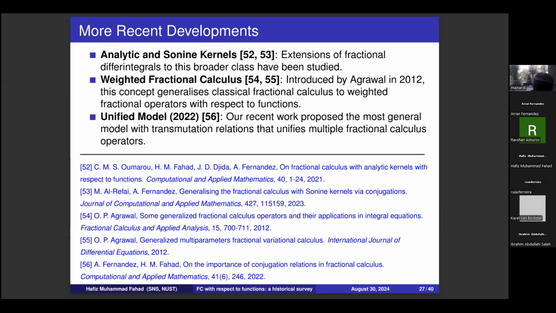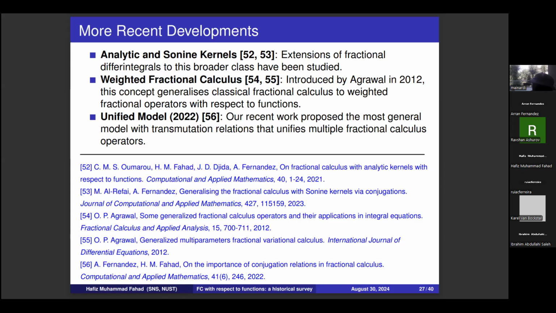Now, turning our attention to more recent developments in fractional calculus, several noteworthy advancements have emerged. One area of exploration has been the extension of fractional calculus with analytic and singular kernels to their fractional calculus with respect to a function version.